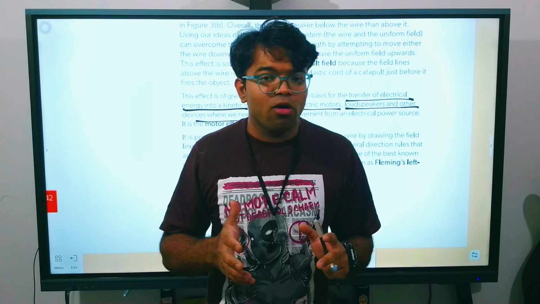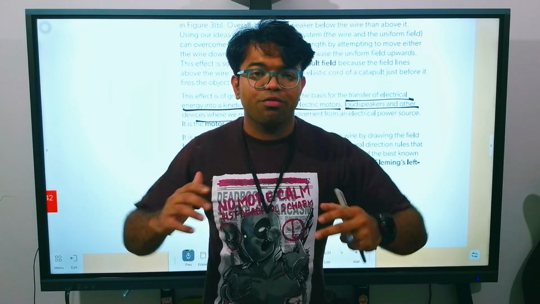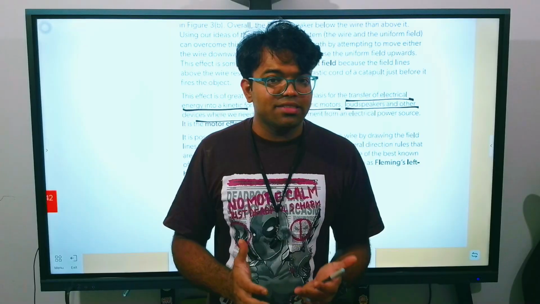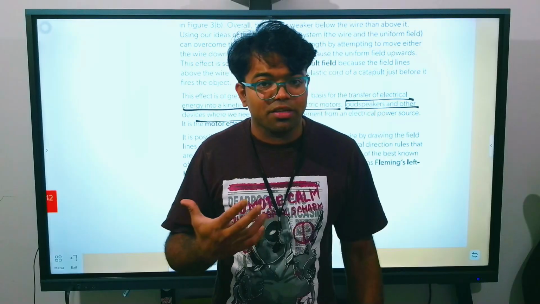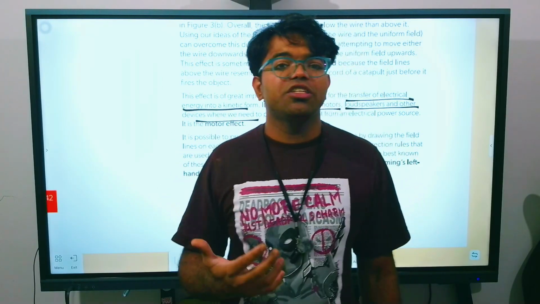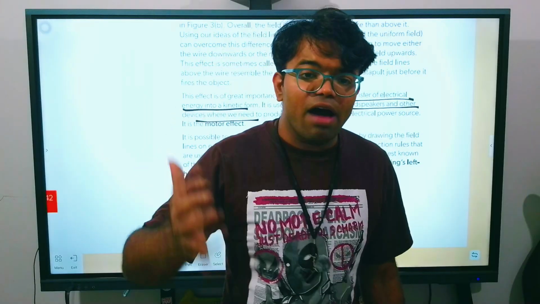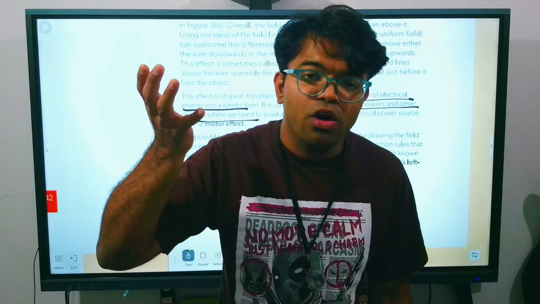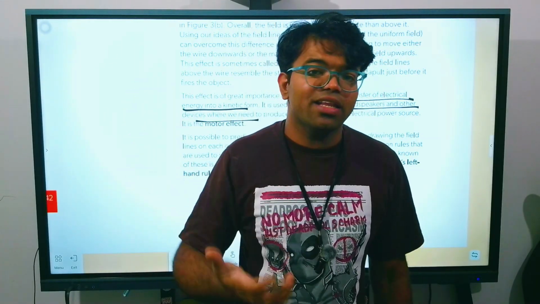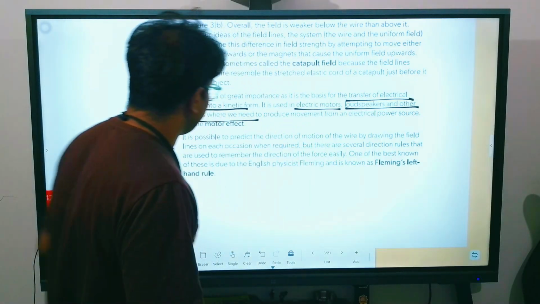Fleming's left hand rule will allow us to understand the motion of motors and other DC or AC machines much more easily. But for your syllabus, you don't have to worry about machines. All you have to do is use the vector product. The vector product will itself allow you to understand how and where the force is going to be applied. Let's move on.